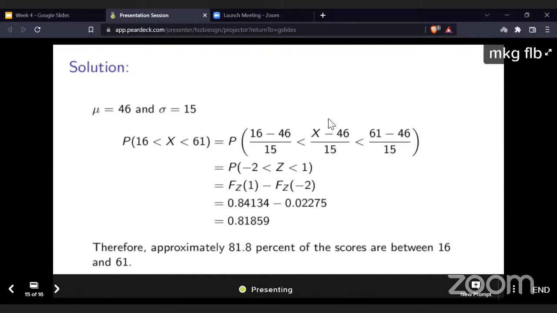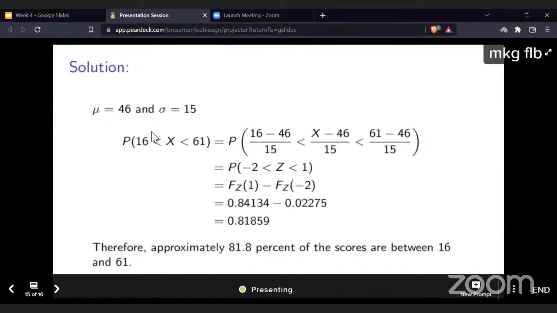If you have subtracted the mean and divided by the standard deviation, you will have to do the same thing on the other two sides. Simple maths: 16 minus 46, divided by 15, and the same for the other end. So X minus 46 by 15 becomes the standard normal random variable Z. The left side becomes minus 2 and the right side becomes 1.